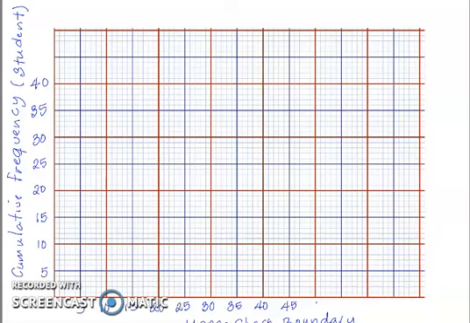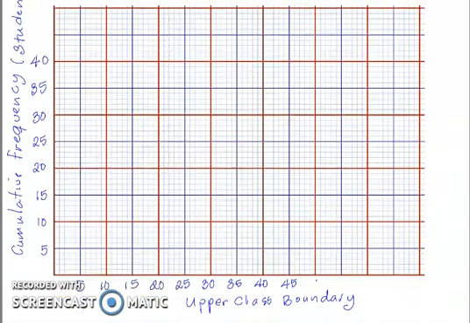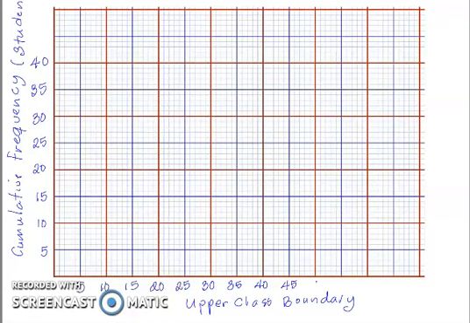All right, so this is what your labeled graph would look like. It would look something like this. To the left, you have the cumulative frequency, and the scale on the cumulative frequencies on the vertical axis, and the scale is what? 1 centimeter to 5 students.